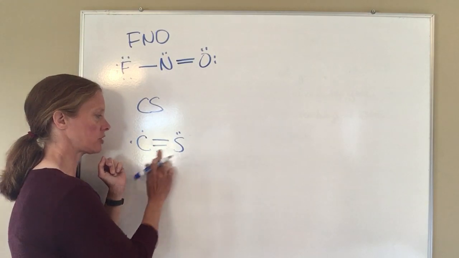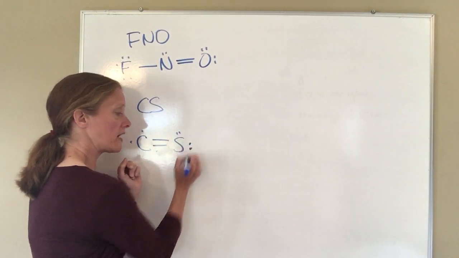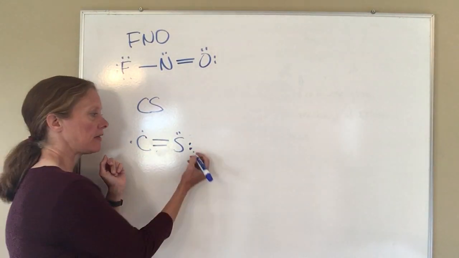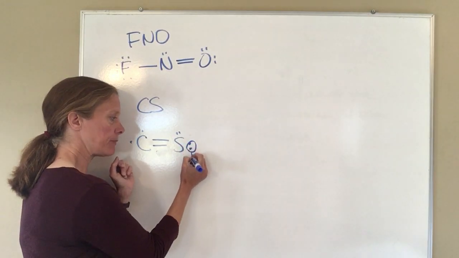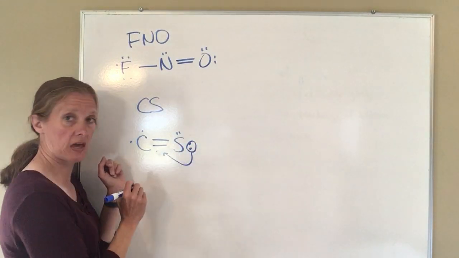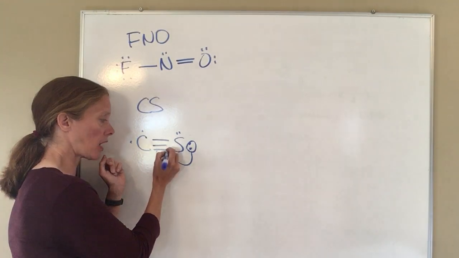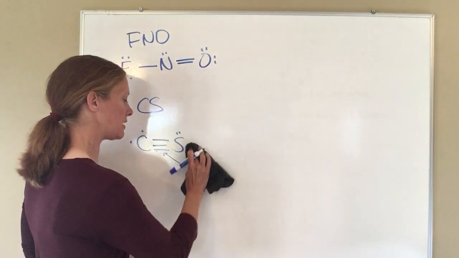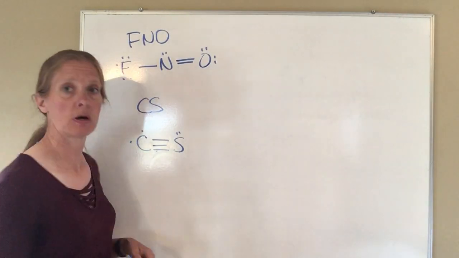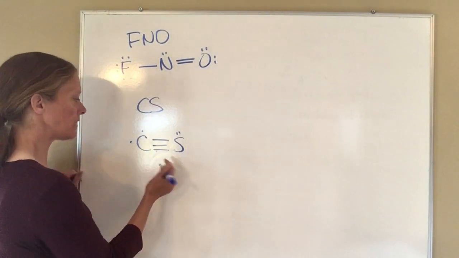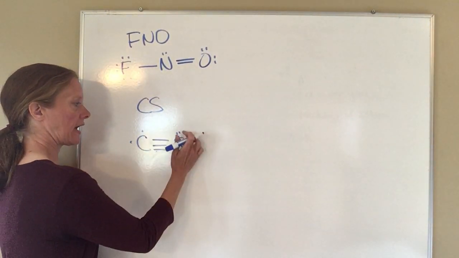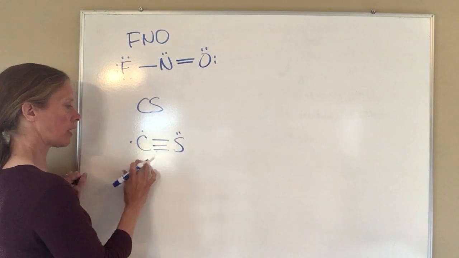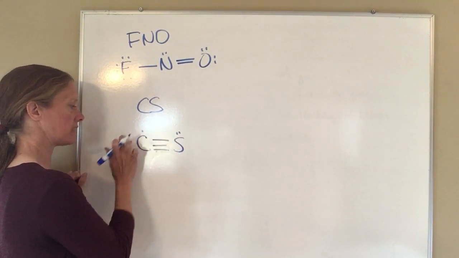This, again, I'll show you one more time. This pair was over here, but he takes this pair and he puts it in between the 2 of them as another bond. And so even though these electrons are being shared between them, they came from the sulfur only. So now this sulfur has 2, 4, 6, 8. The carbon has 2, 4, 6, 7, 8.